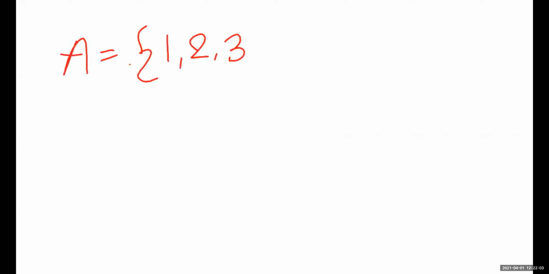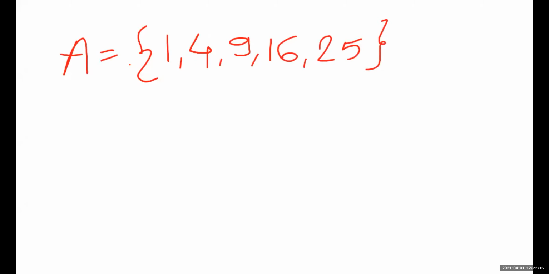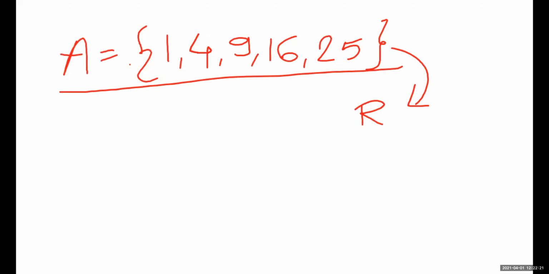Let's take a simple one, and 1, 4, 9, 16 and 25. What are they? This is the list already given, and from that we have to make a rule.